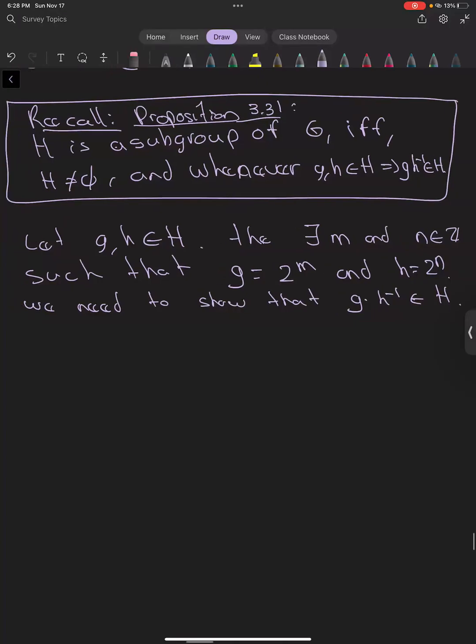So if h equals 2 to the n, what is h inverse?